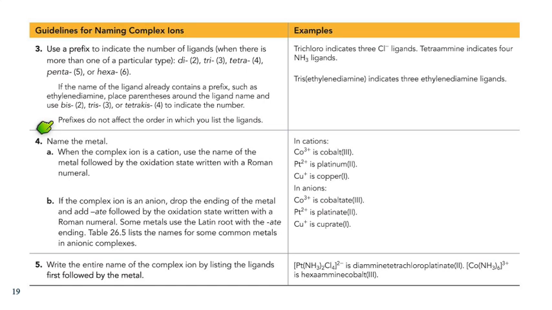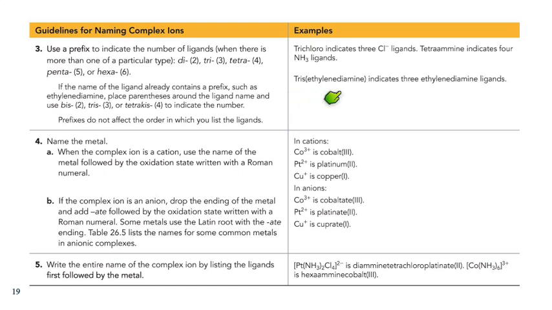The prefixes do not affect the order. You put them in order by their name. So, examples, if we have something that says trichloro, that has 3 chloride ligands. Tetraamine means 4 amines, 4 ammonias.